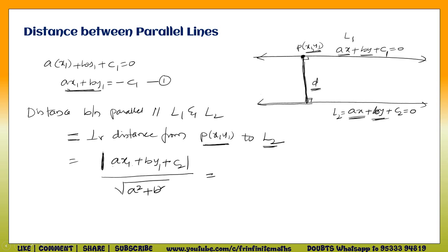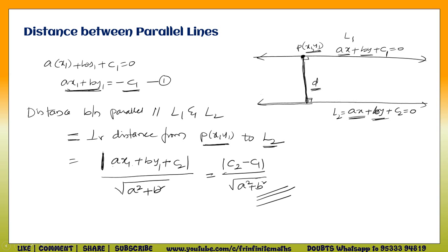Now from equation number 1, the value of ax1 plus by1 is minus c1. So directly I can write c2 minus c1 by root a square plus b square. So the distance between the two parallel lines is given by the modulus of c2 minus c1 by root a square plus b square.